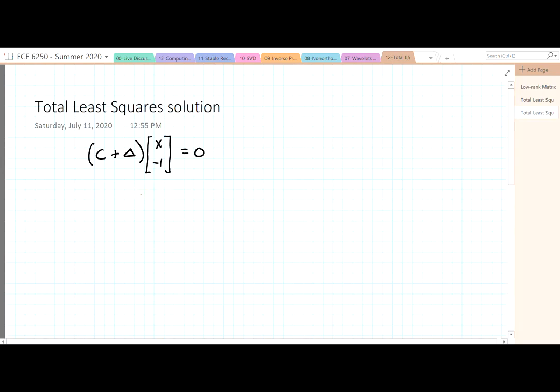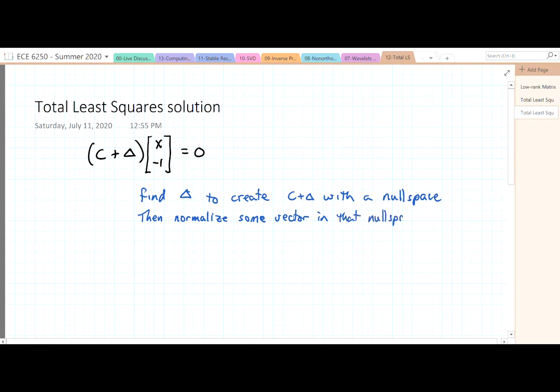So find delta to create C plus delta with a null space, and then we just normalize some vector in that null space, get x minus 1, and it's in particular the normalization gives us the minus 1 term, and once we have that, we know we have the solution.